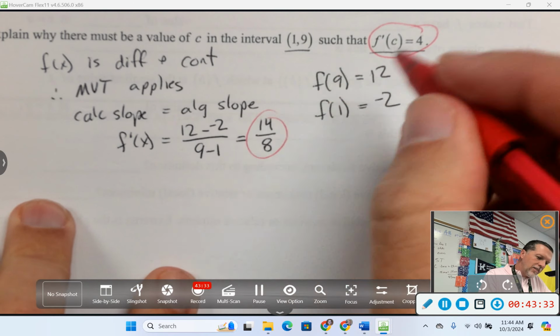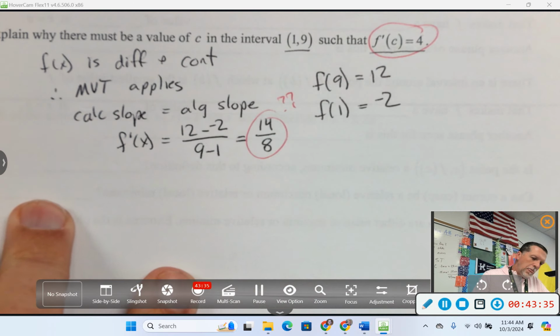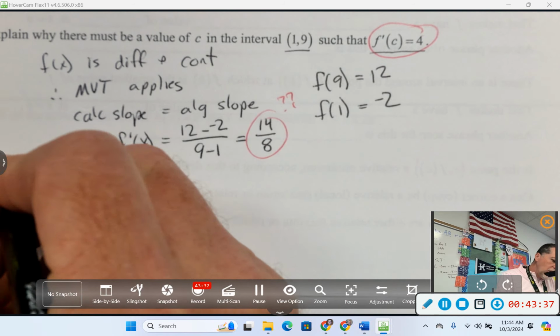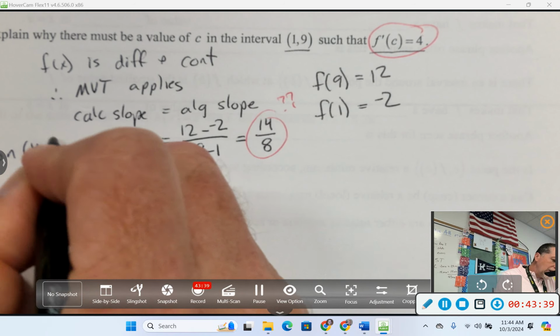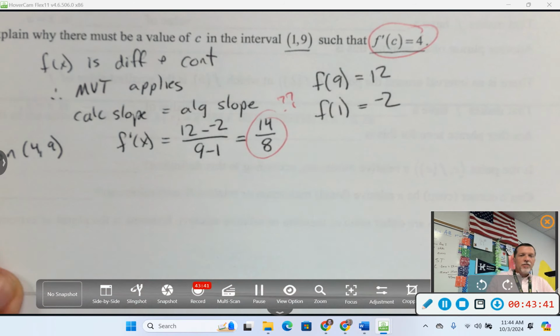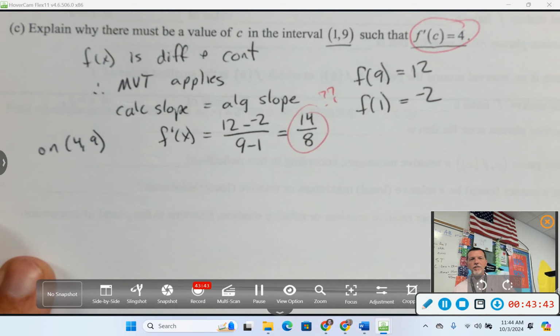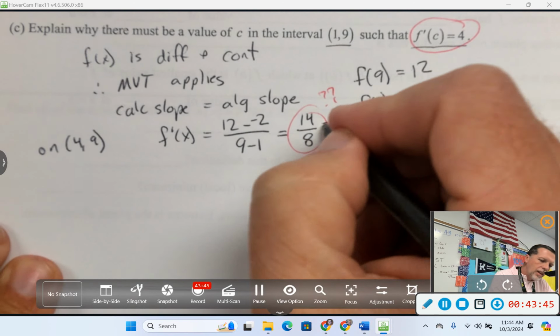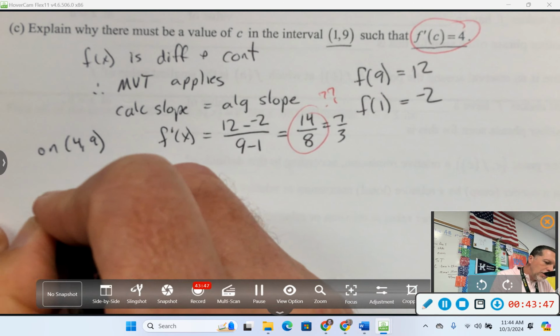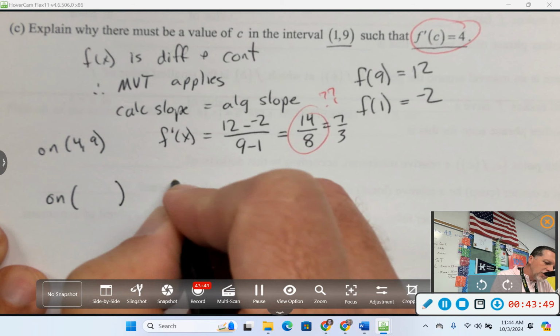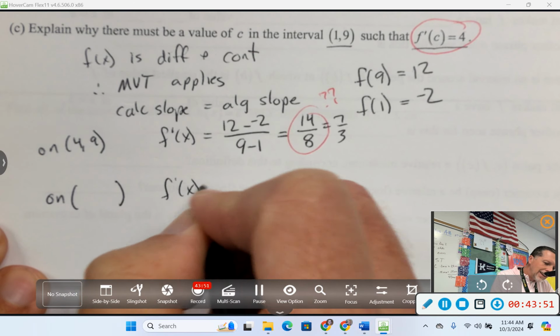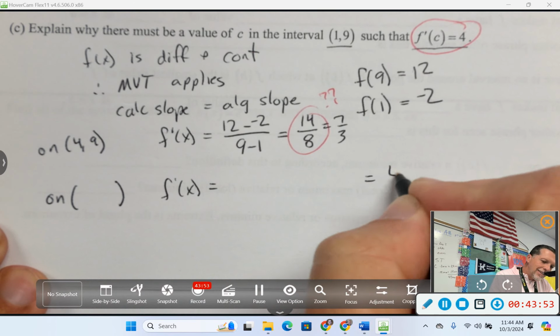I got 14 over 8. Okay, so that means on 4 to 9, the slope I'm guaranteed is 14 over 8, 7 over 3. So maybe I need to try a different interval to hopefully land at 4.